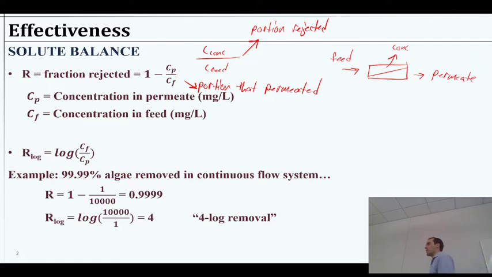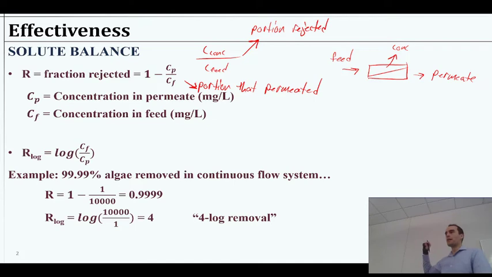99.99%. To make that language a little simpler, we can use the log terminology and say R log, the fraction rejected in log terms, is going to be the logarithm of what's in the feed divided by what's in the permeate. So that's the ratio, feed over permeate.